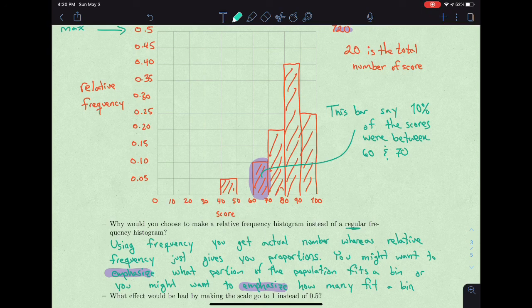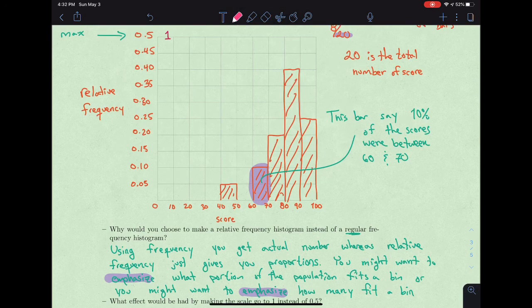And you should think about this for a second, so maybe pause it before I draw a picture, but a 1 at the top here, then each little tick mark would need to go up by 0.1 instead. And then to measure out 0.5, this bar would need to be half as tall. And likewise, measuring out 0.1, which was the height of our bar in purple, it would need to be half as tall.